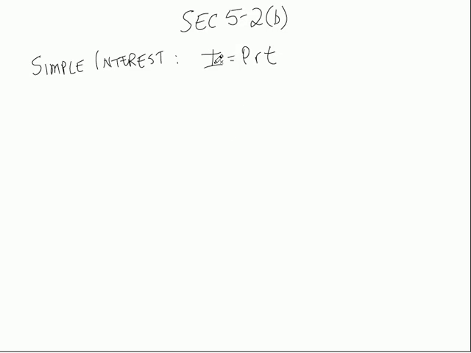What does the I stand for? Interest. P? It's not percent. This was in our other equation when we talked about this before. It's kind of a fancier word. The R is rate. Oh, principal. Right, it's the principal. What is the principal?